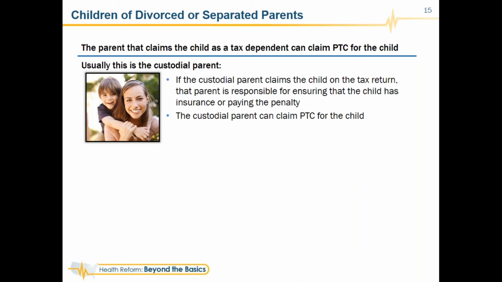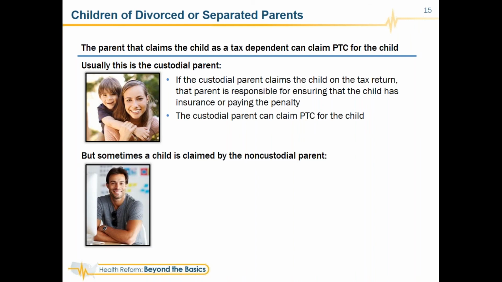If the custodial parent claims the child on the tax return, then that person is going to be responsible for ensuring that the child has health insurance or paying a penalty for that child otherwise. The custodial parent is the one that can claim the PTC for the child, assuming that the custodial parent is the one claiming the exemption.